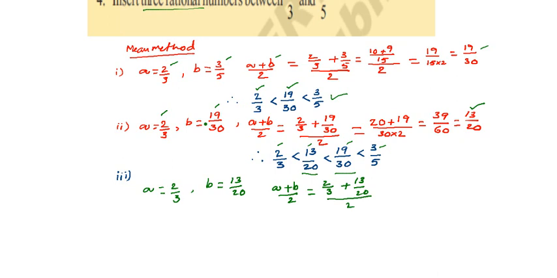That means 2 20s are 40, 3 13s are 39, by 60.